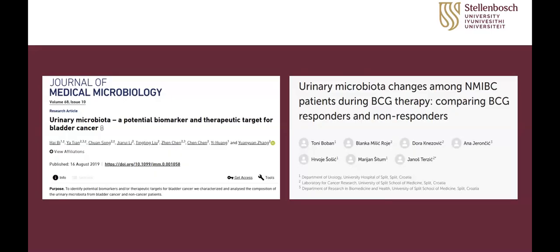The first big thing they realized with BCG was that after the first week of induction, there was a significant drop in biodiversity. There were also differences in the microbiome compositions between the responders and the non-responders.